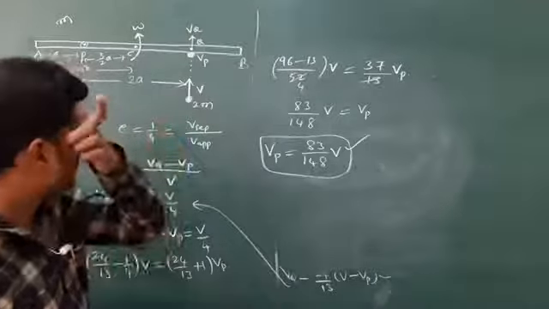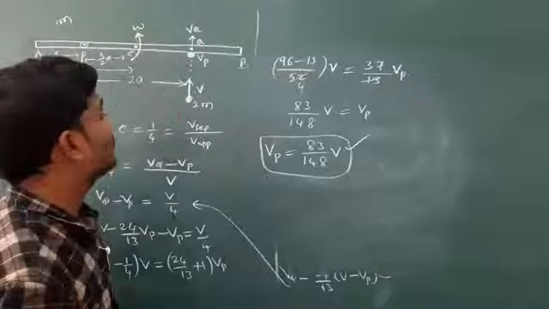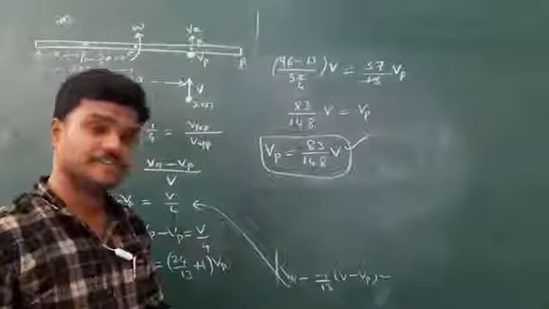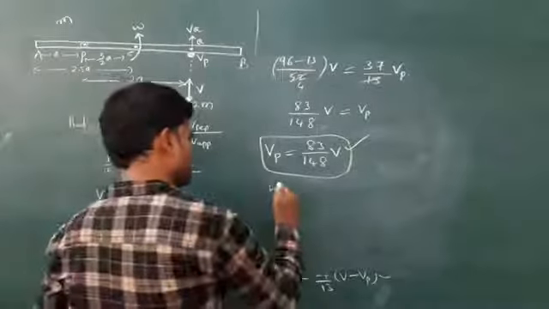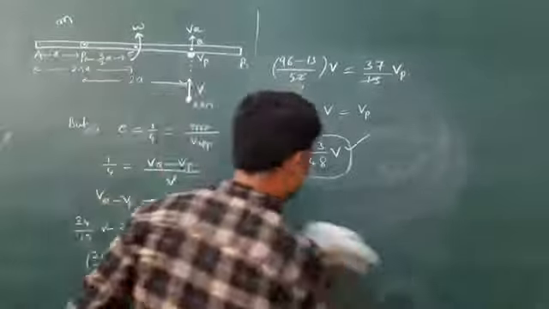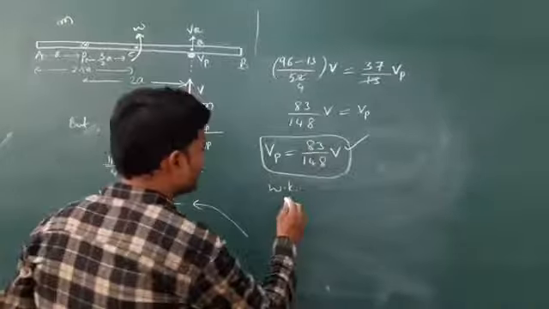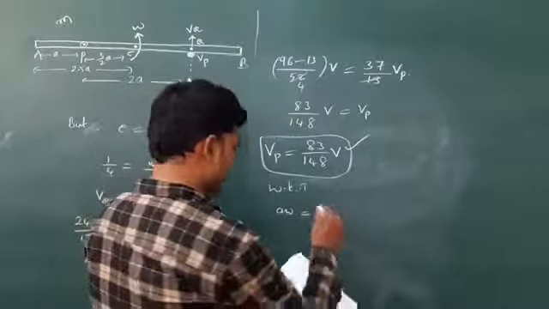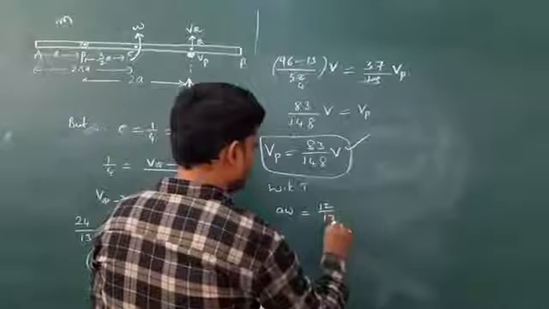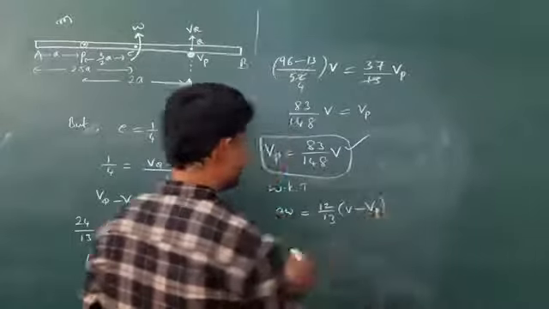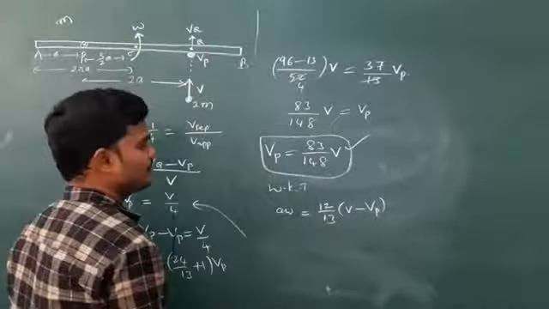Okay. So I got Vp, and next our target is omega. To get omega, use our starting equation. We know the a omega value. What is a omega? A omega, we got it already. Let me write a omega as 12 by 13 V minus Vp. So our target is to find out omega value.